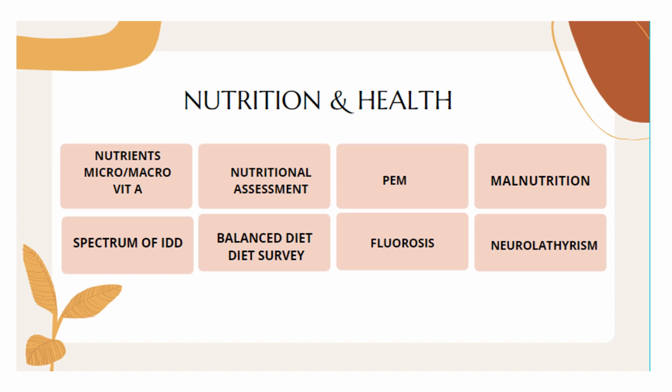Then is the spectrum of iodine deficiency disorders, and you should see this in conjunction with the concerned national health program, how it is planned accordingly. The nutritional assessments, balanced diet, the different types of diets, particularly the one you carry out in your family. The protein energy malnutrition, filariasis, malnutrition.